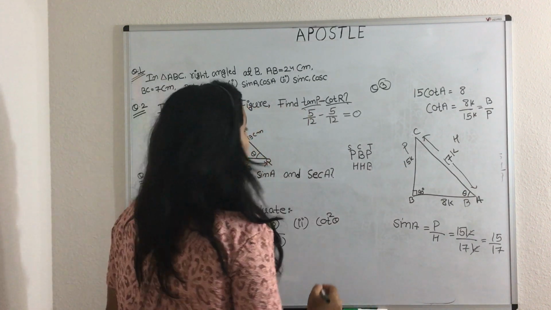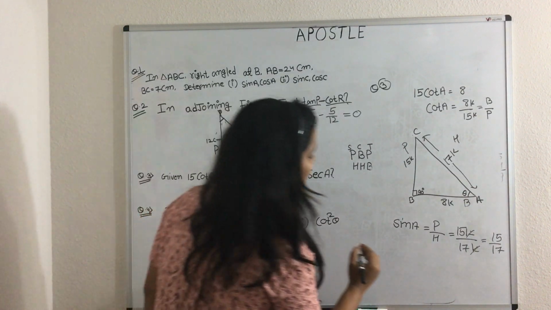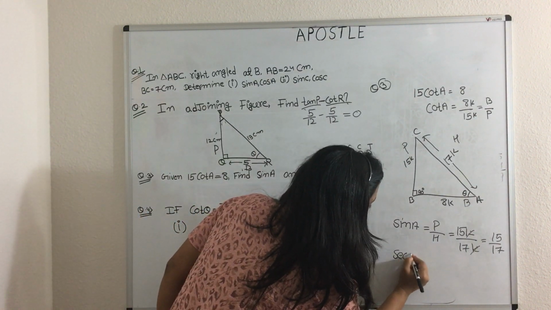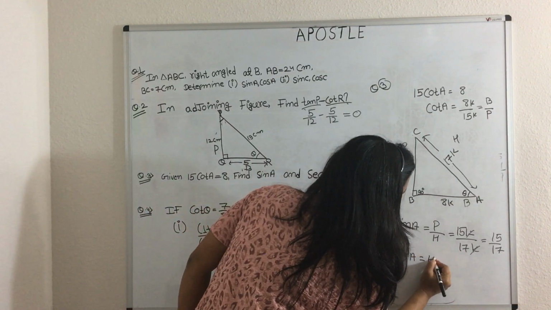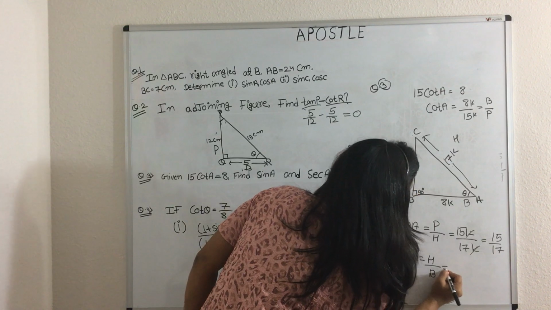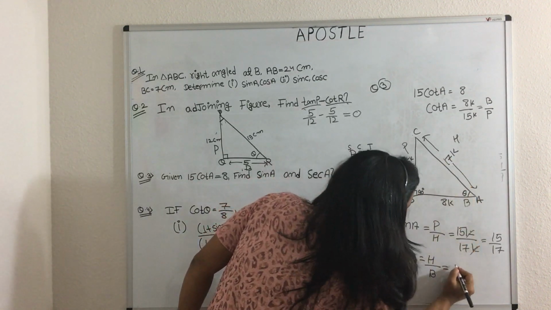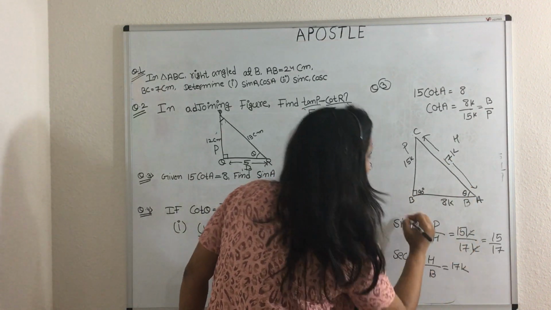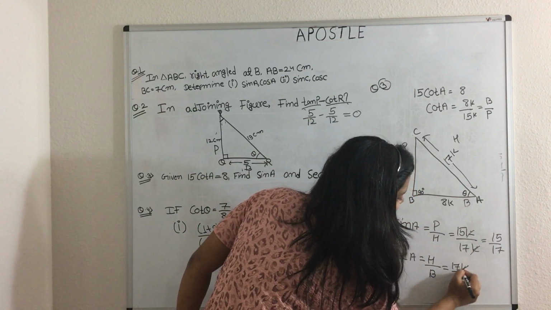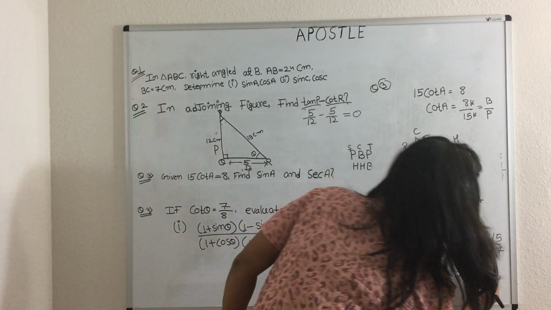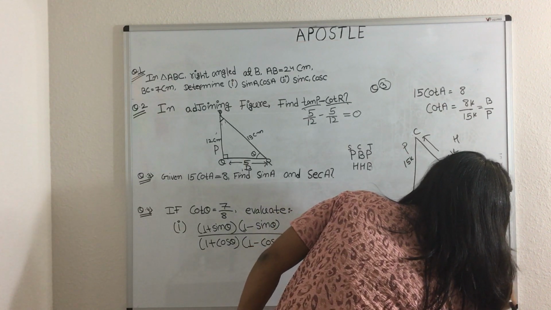Now, we have to find the value of sec A. Sec A is hypotenuse upon base, h by b. The value of hypotenuse is 17k and the value of base is 8k. Again we cancel k with k and our answer is going to be 17 by 8.